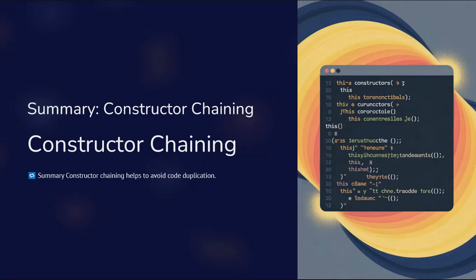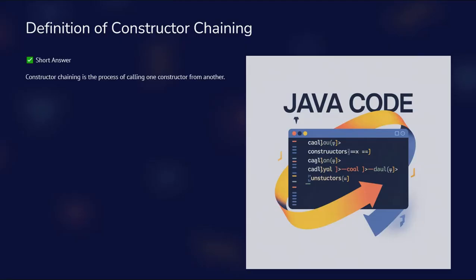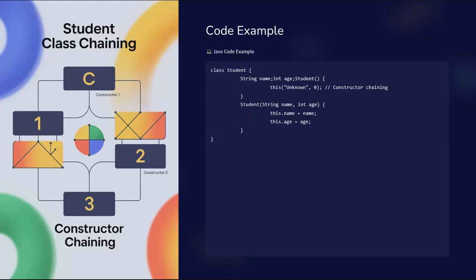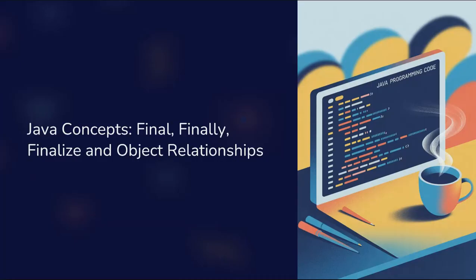So summary, constructor chaining helps to avoid code duplication, right? We have already seen that particular question. Let's move to the next.